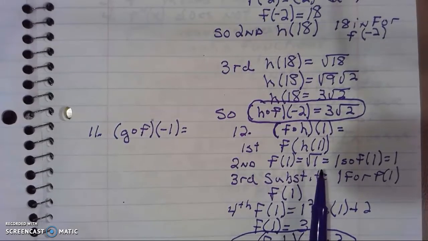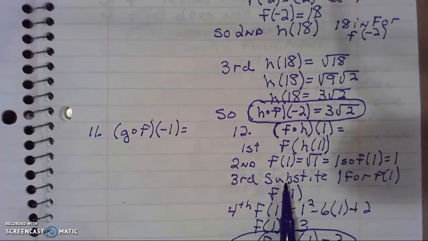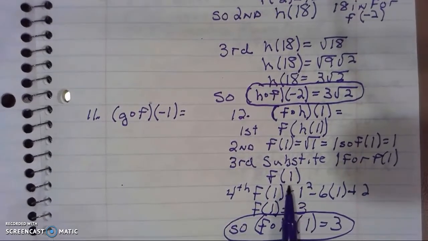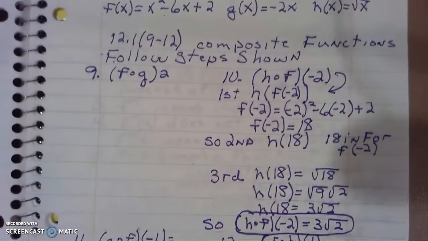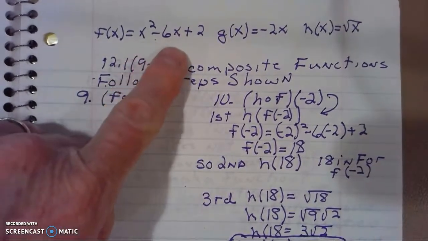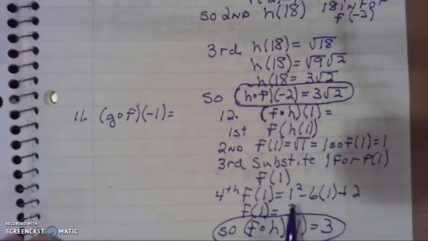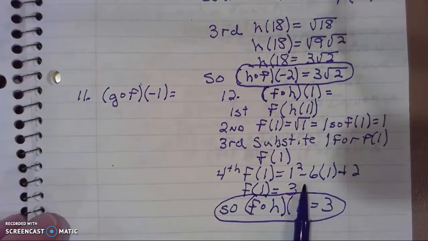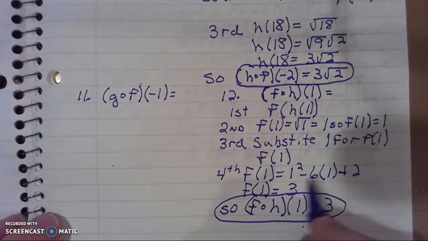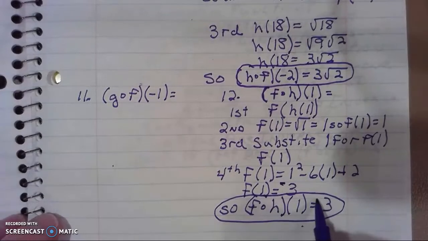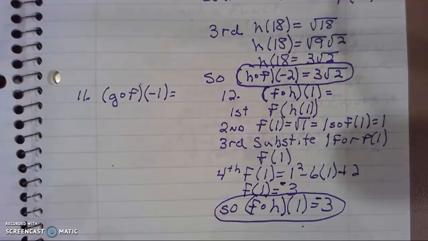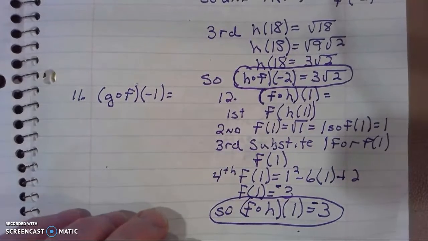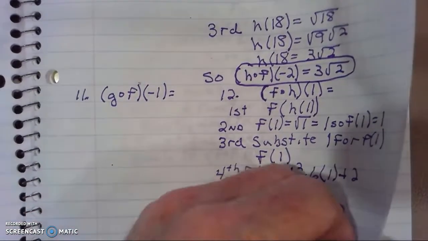Then f of 1, now we come down and put 1 in for the function, again, from up above, x squared minus 6x plus 2. We put 1 in for all the x's there, and we work that out, and we get, should be negative 3. Negative 3 is what our composite function equals. Go through them step by step.